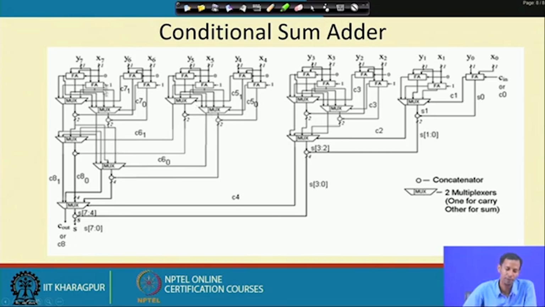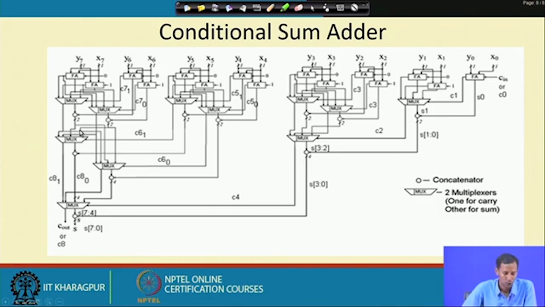Then the same thing will happen for the 6th and 7th positions. If this is the 0th position, this is 1, then 2, 3, 4, 5, 6 and 7. In a group, this will affect this, this will affect this, and so on. In the beginning we can draw this circuit for the even ones, and then for the odd one we will have 2 full adder cells along with these multiplexers.